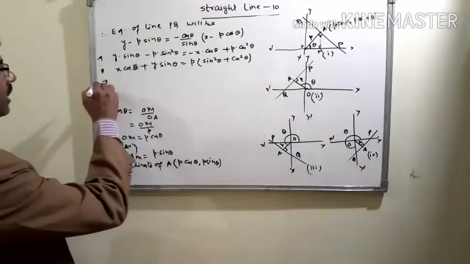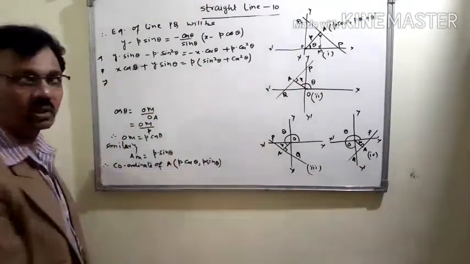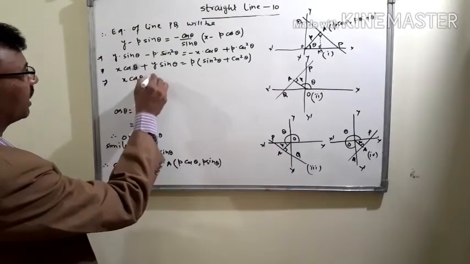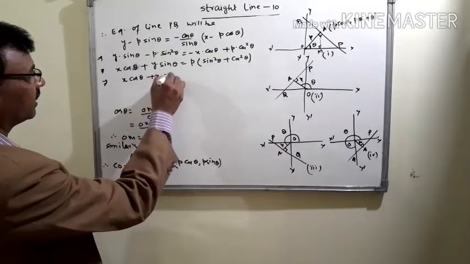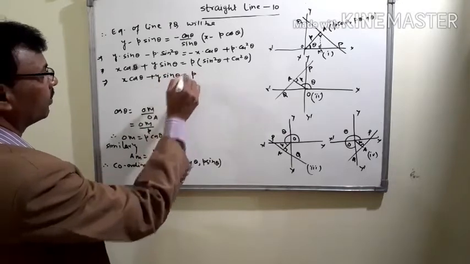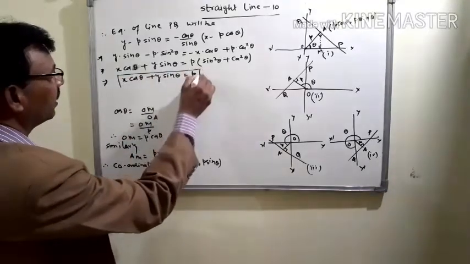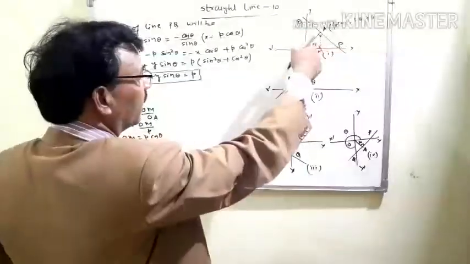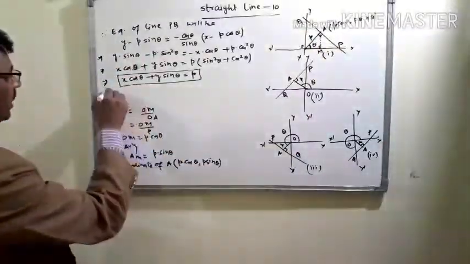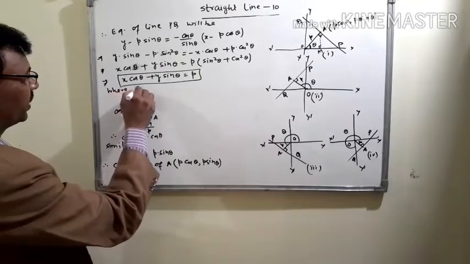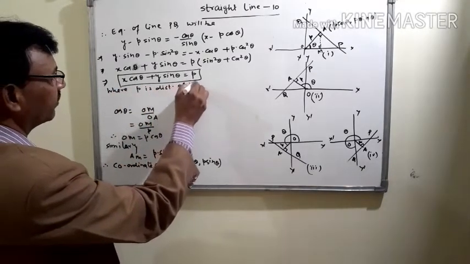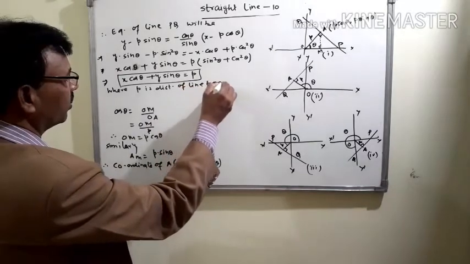As you know, sin square theta plus cos square theta equals 1, so this will be x cos theta plus y sin theta equal to p, where p is the distance of the line from the origin.